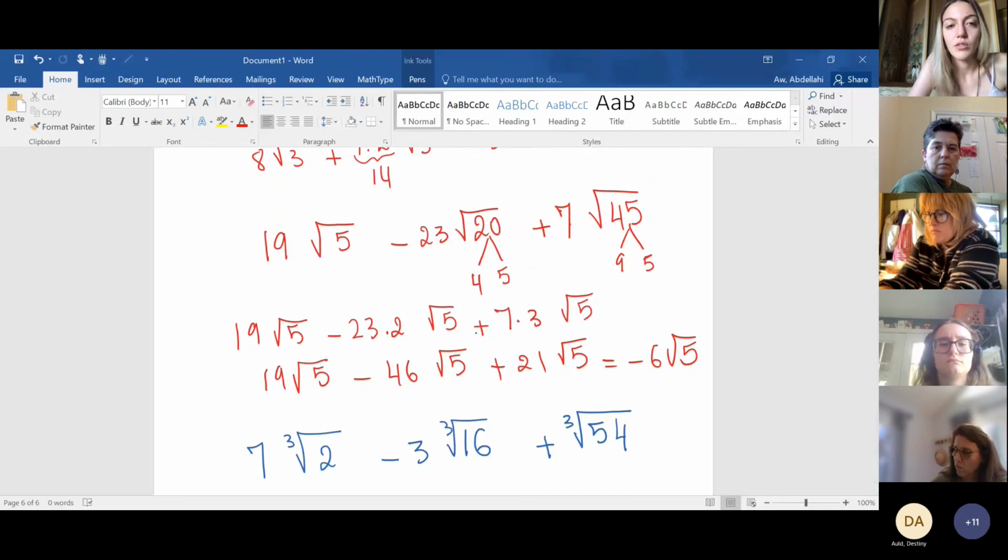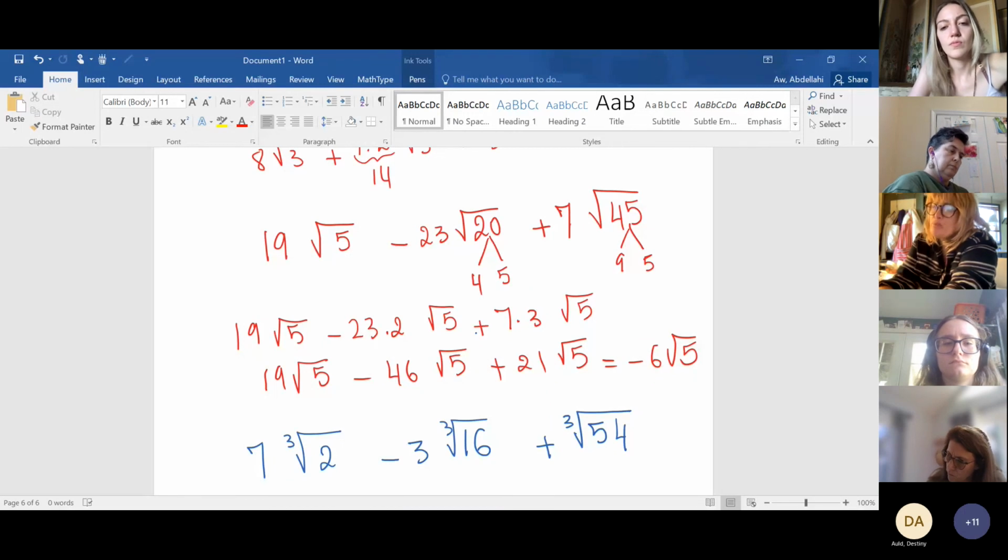The square root and the cube root are visually different. With the square root, you don't see any index on top of it. But with the cube root, you're always going to see the index 3 right there. That is a cube root. If you don't see anything, it is a square root.